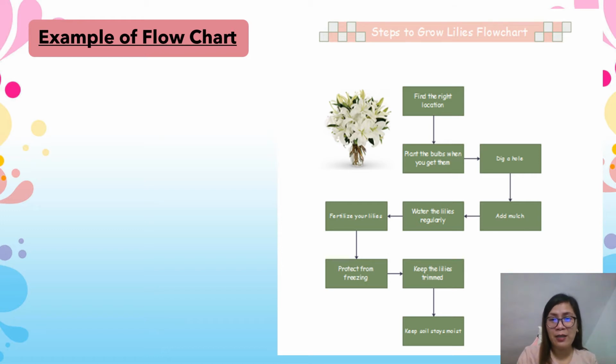Correct. The first step is find the right location. As you can see, the flowchart by using the arrow shows you the first step and the next steps. So if you wanted to show process like what we've said as the function of flowchart, use this type of flowchart depending on you. If you wanted to use square, a circle perhaps, that's up to you.